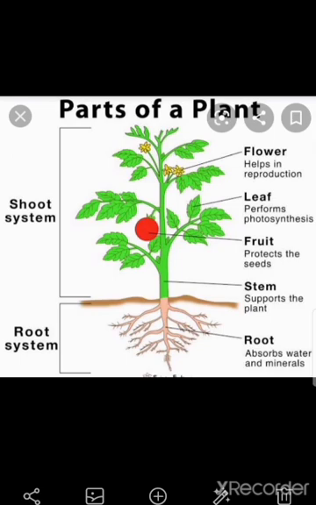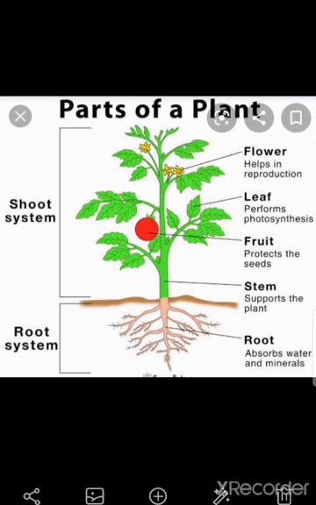Then there is the stem. The stem supports the plant. The stem usually grows upward towards the light. It carries water and mineral salt to the leaves and food around the plant. And the stem supports the plant.